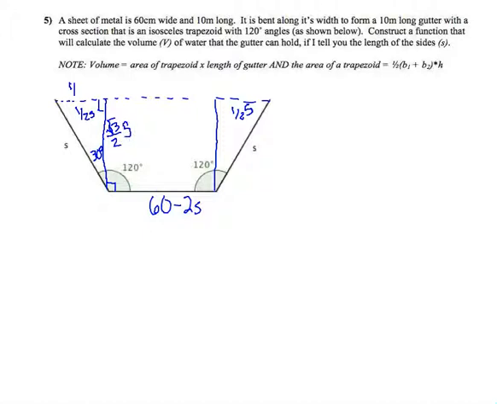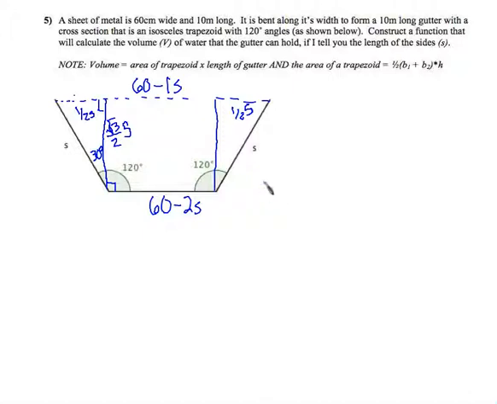And then that makes our top base, from here to here is 60 minus 2s, this is a 1/2 s, that's a 1/2 s. So it's 60 minus 2s plus a 1/2 s plus a 1/2 s. So the entire top base is 60 minus 1s.